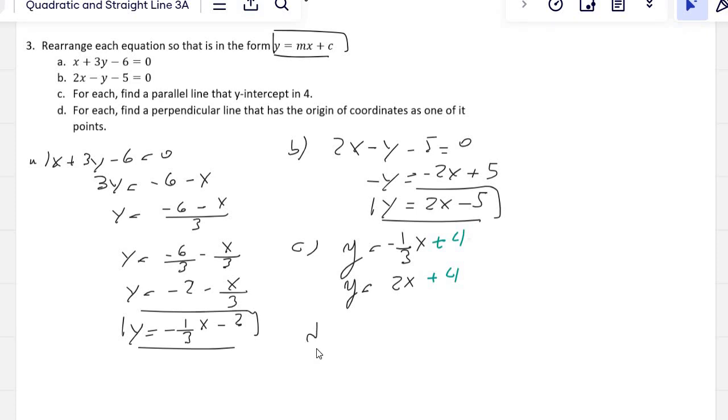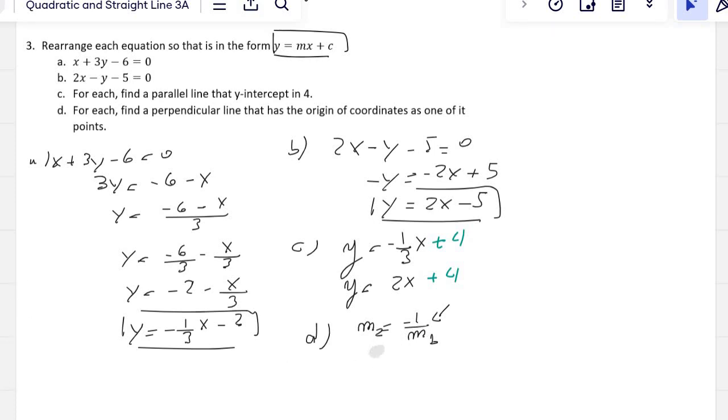And for part D, for each find a perpendicular line that has the origin of coordinates as one of its points. So for a perpendicular line of a straight line, the gradient has this expression. The gradient of the perpendicular line is minus 1 divided by the gradient of the original line.